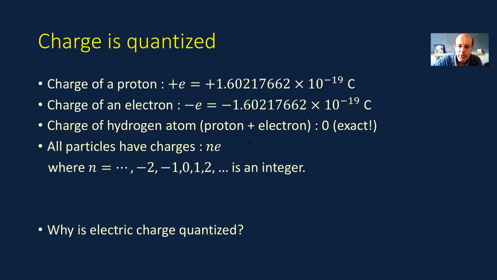right? It's not just small or extremely small, it is exactly equal to 0. So, of course, we cannot experimentally verify that this is exactly equal to 0. We can only place some upper bounds, but I couldn't check the literature for this. I know that there are some people who try to put experimental upper bounds on the charge of these hydrogen atoms.